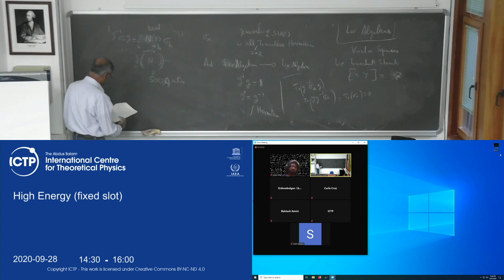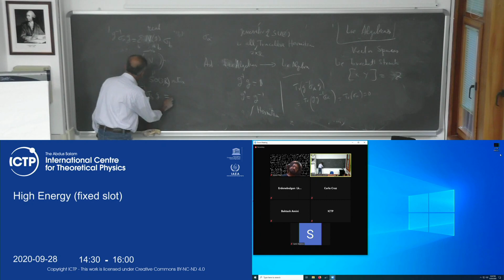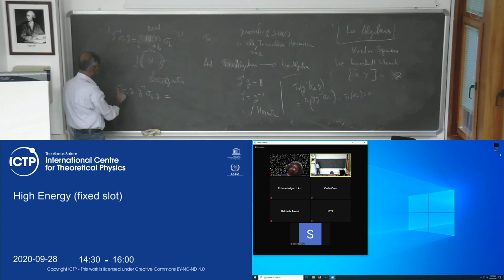So let us start with the following. Let's take this G inverse sigma A G and multiply it again by G inverse sigma B G. A and B are arbitrary. It could be the same or it could be different: 1, 2, 3, 1, 2, 3. So what is this? Well, let's use this definition.